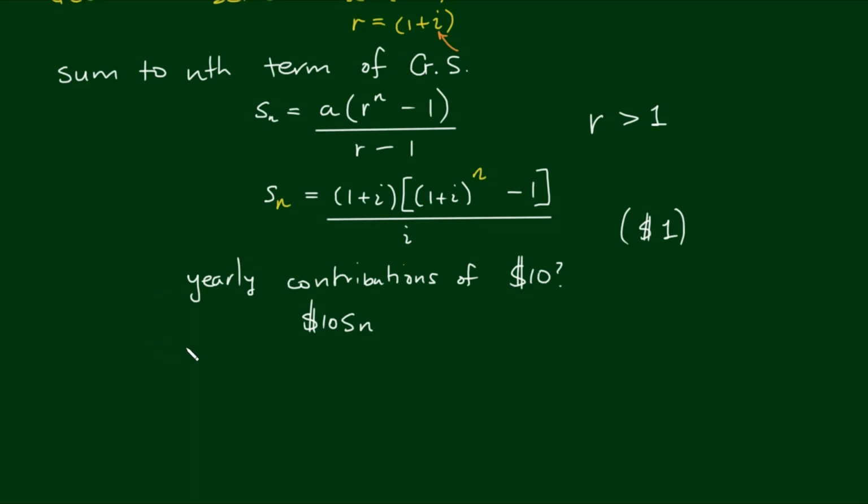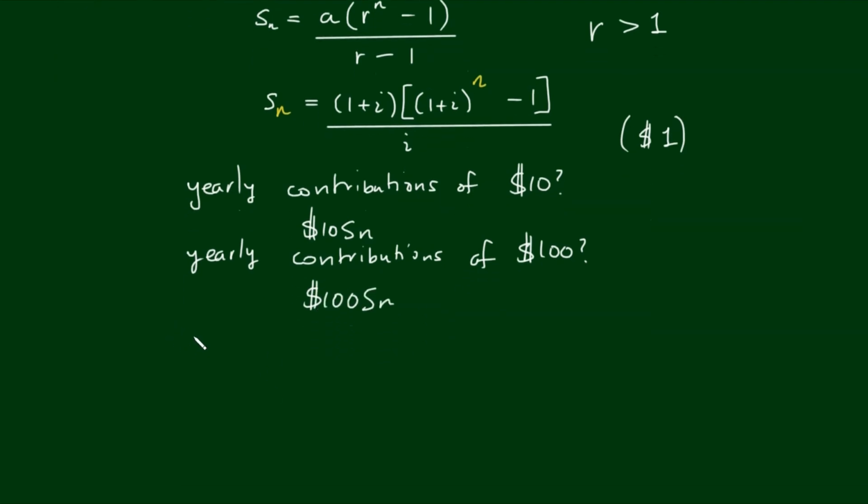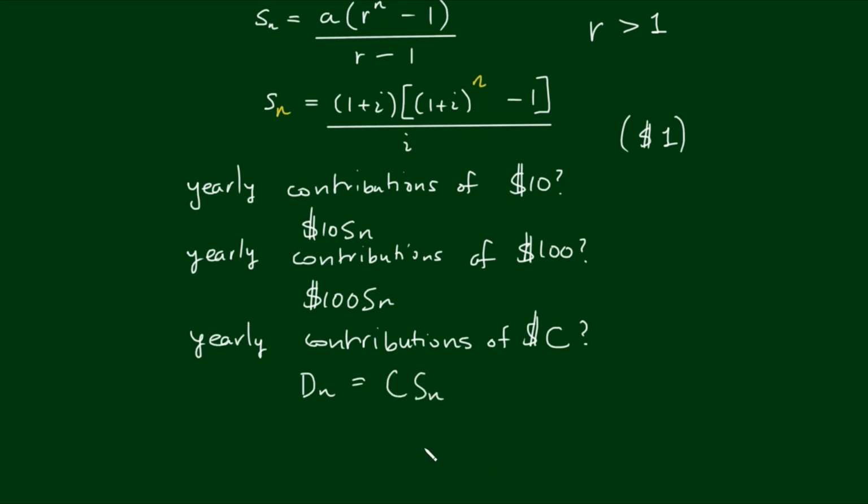Similarly, if we raise that to $100, we simply multiply S sub n by $100. So if I generalize that now for yearly contributions of, say, C dollars, then the amount due after n years, let's call this D sub n, it will simply just be C times S sub n.